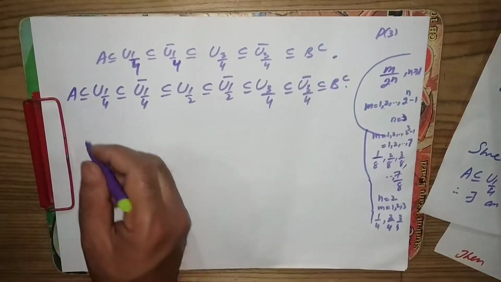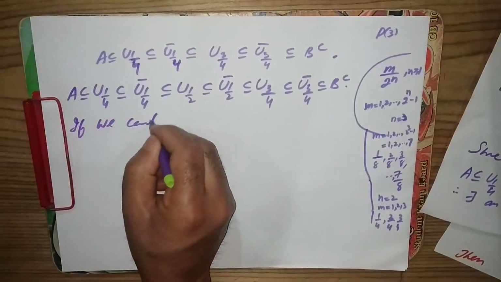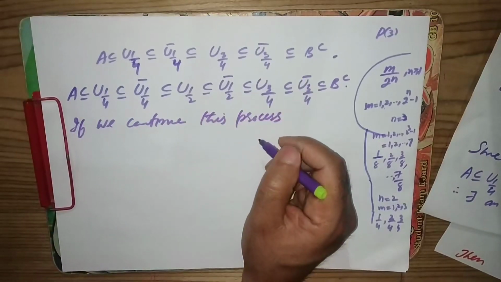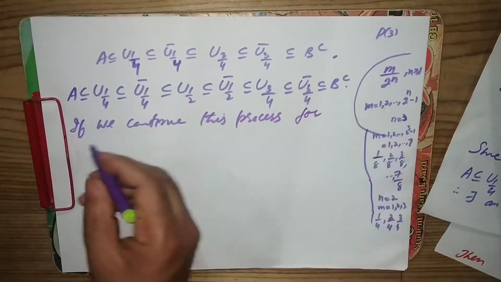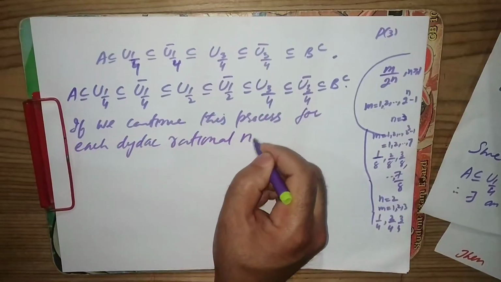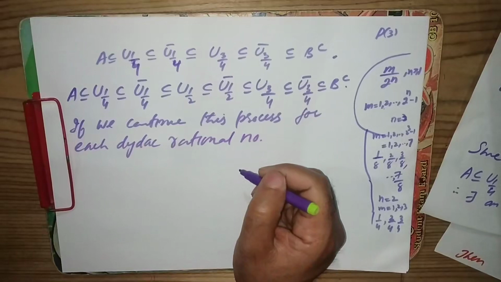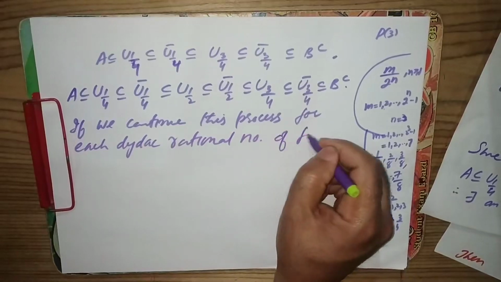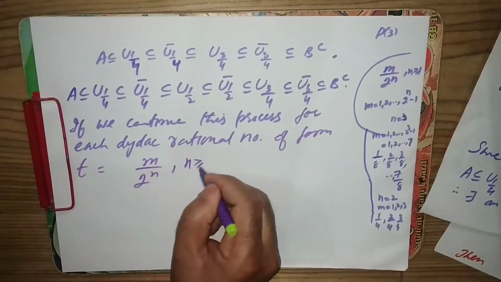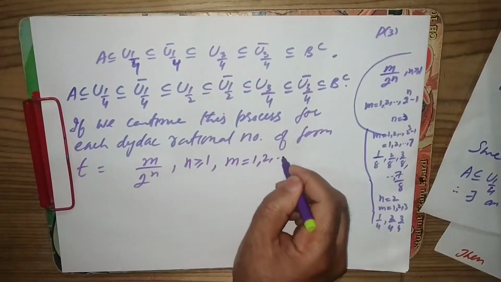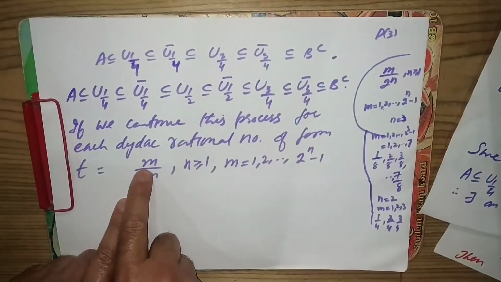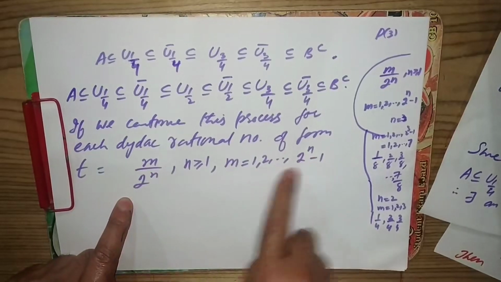Now if we continue this process, for each dyadic rational number of the form t equals m divided by 2 power n, where n is any natural number, and m is 1, 2, up to 2 power n minus 1, you can easily see that these numbers lie between 0 and 1, because m is at most 2 power n minus 1.